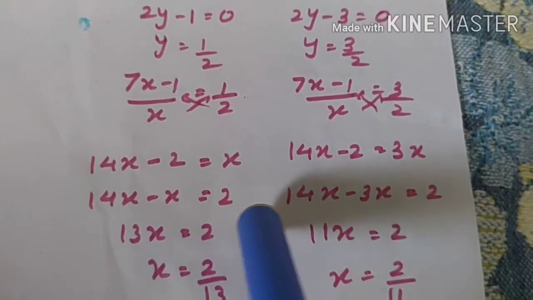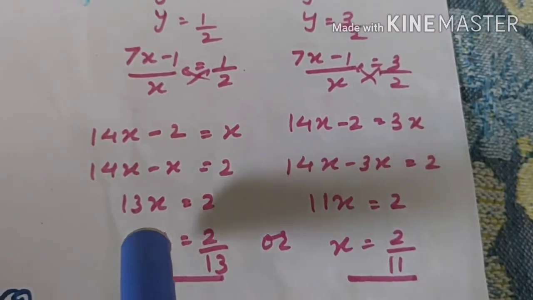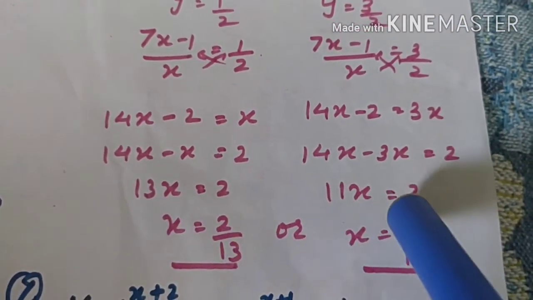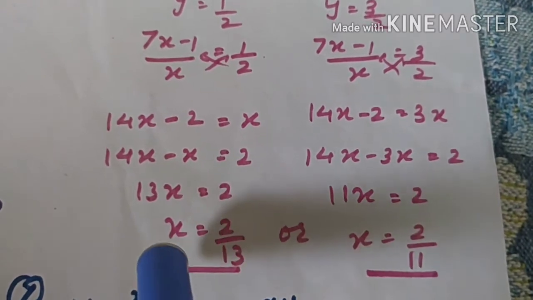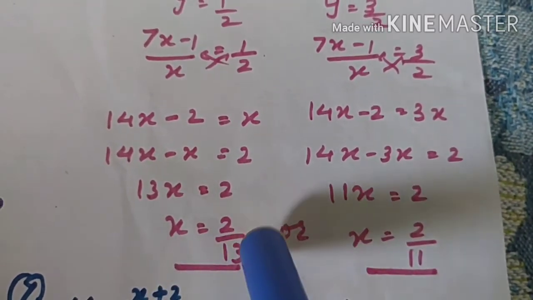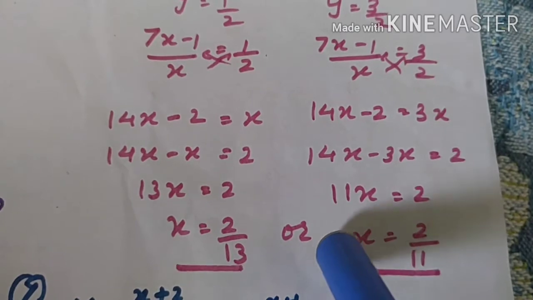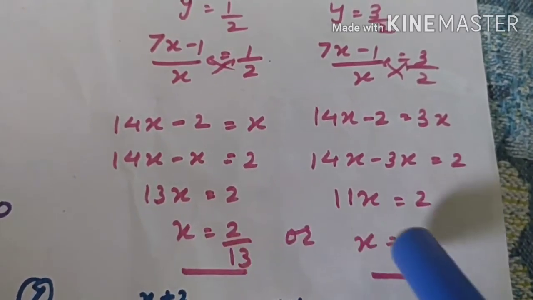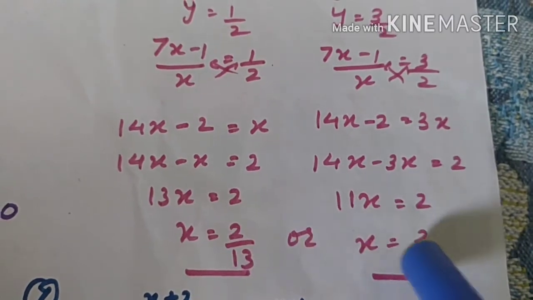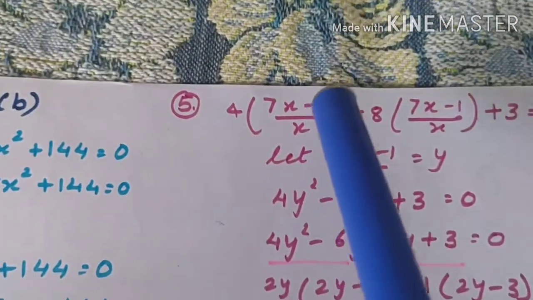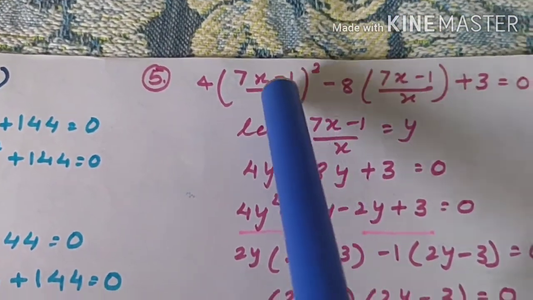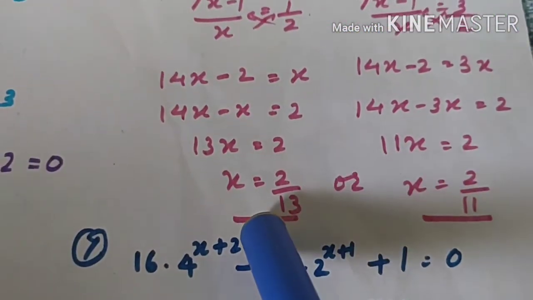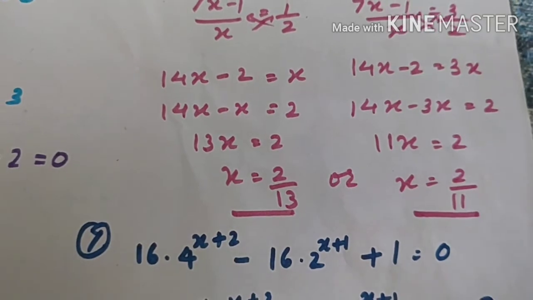Now by solving the linear equations, I get 13x is equal to 2 and 11x is equal to 2. So I get x is equal to 2 by 13 or x is equal to 2 by 11. We get these two separate roots here. Now this is our square here, it means we get two roots, and the answer is 2 by 13 and 2 by 11.